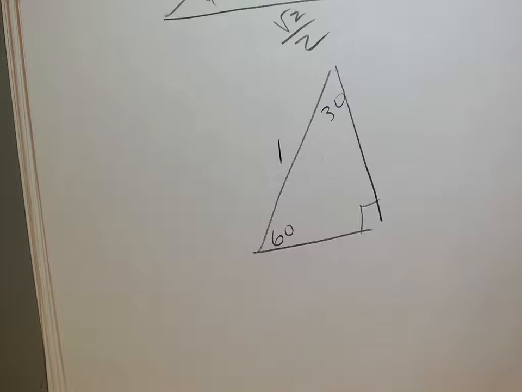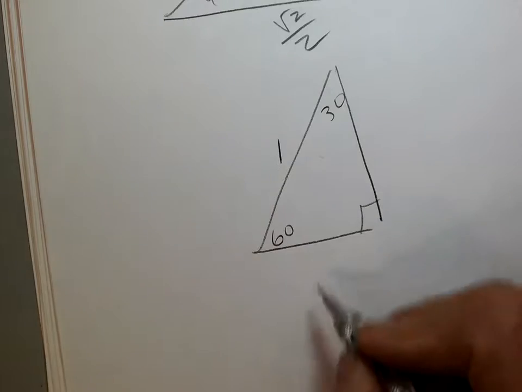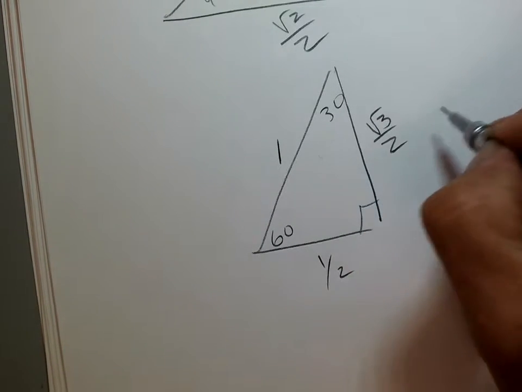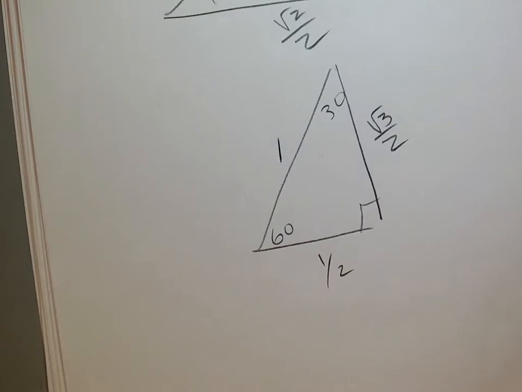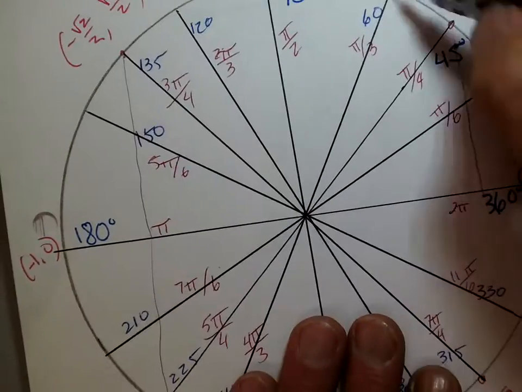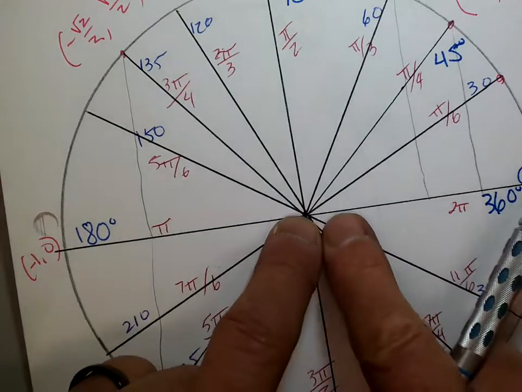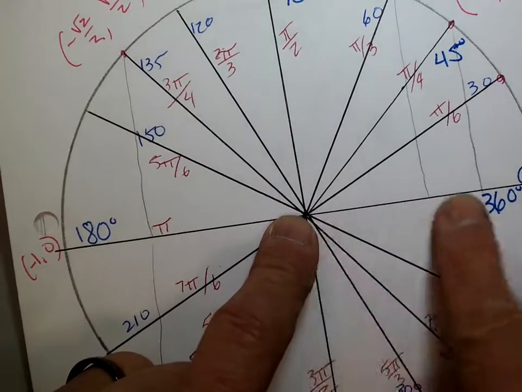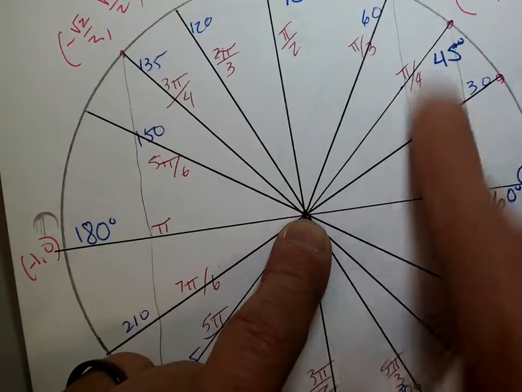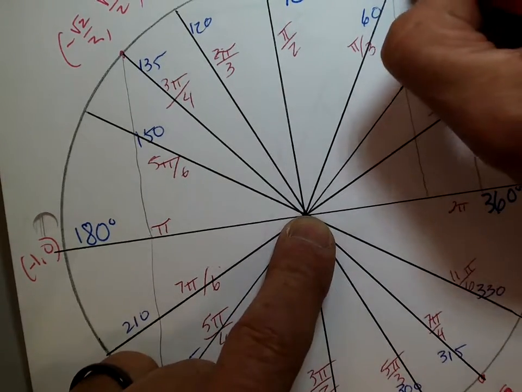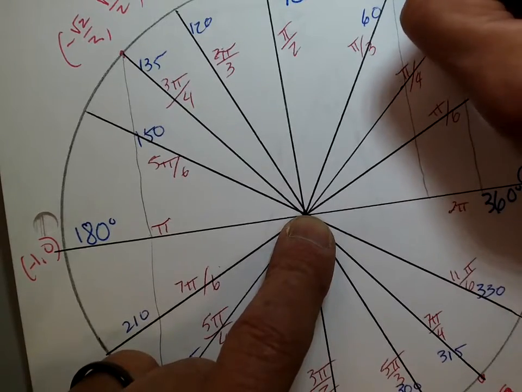Then this side is 1/2, and this side is the square root of 3 over 2. So if I looked at this triangle right here, its coordinate would be this length, which we know is 1/2, and this height, which we know is the square root of 3 over 2. So its coordinate is going to be a 1/2 and a square root of 3 over 2.